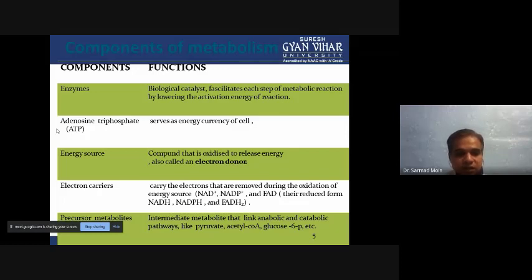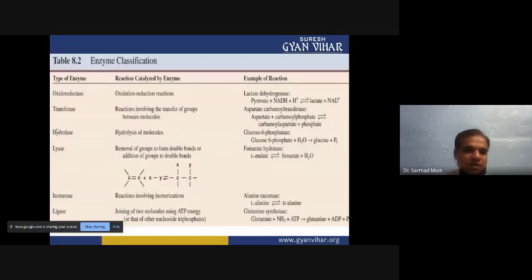The precursor molecules will be catalyzed by the enzymes, and then converted into the product. So we have pyruvate, acetyl coenzyme A, glucose 6-phosphate. Many types of precursor molecules are present in the cytoplasm.